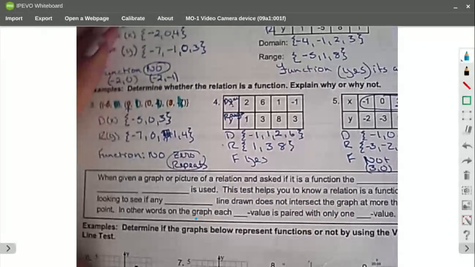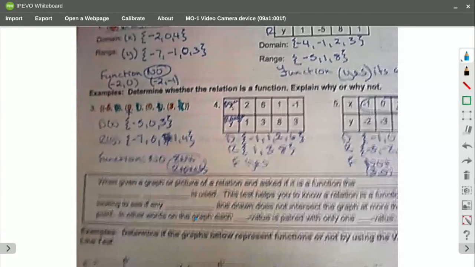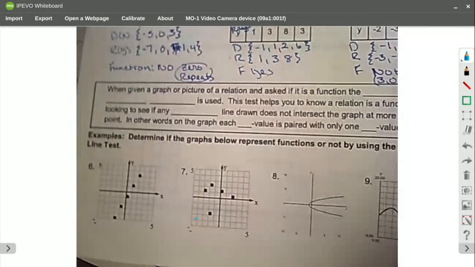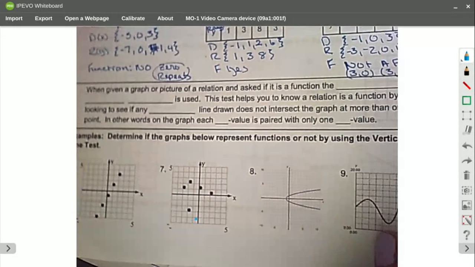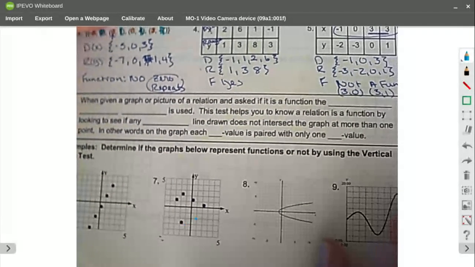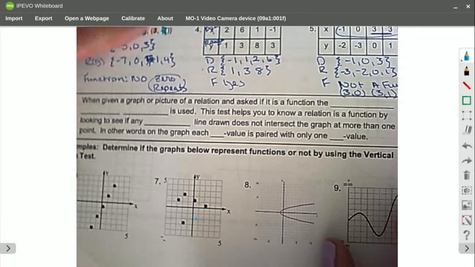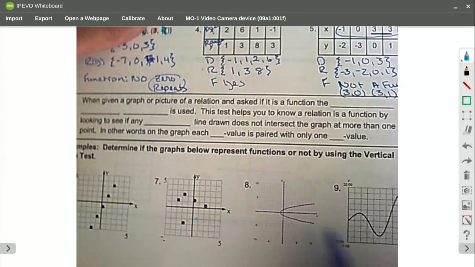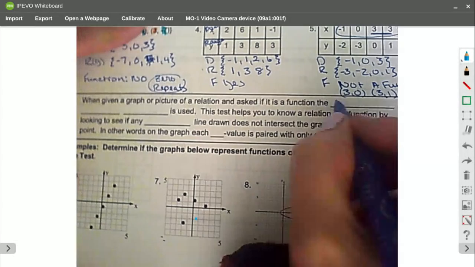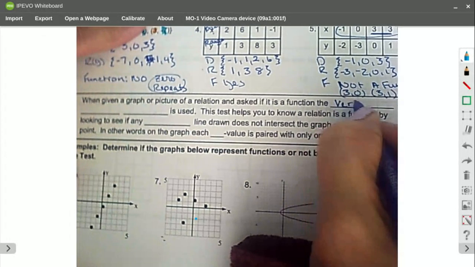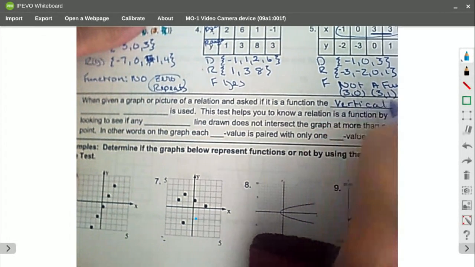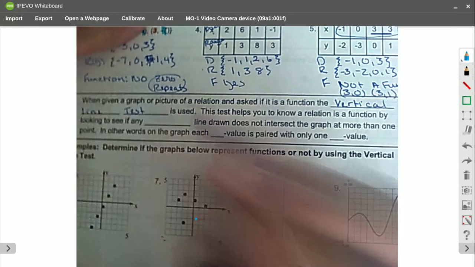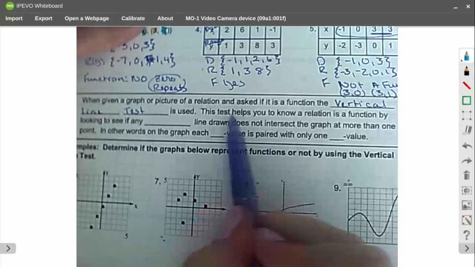All right, so sometimes I'm not going to give you a relation. Sometimes I'm not going to give you a set of coordinates, but a graph. So how can you tell? What is an easy way of telling if I have a function when I have a graph to look at? Well, it's called the vertical line test. Okay?